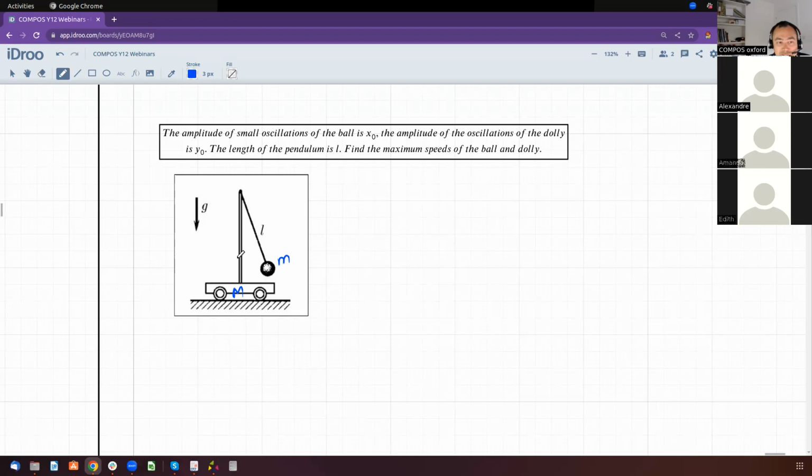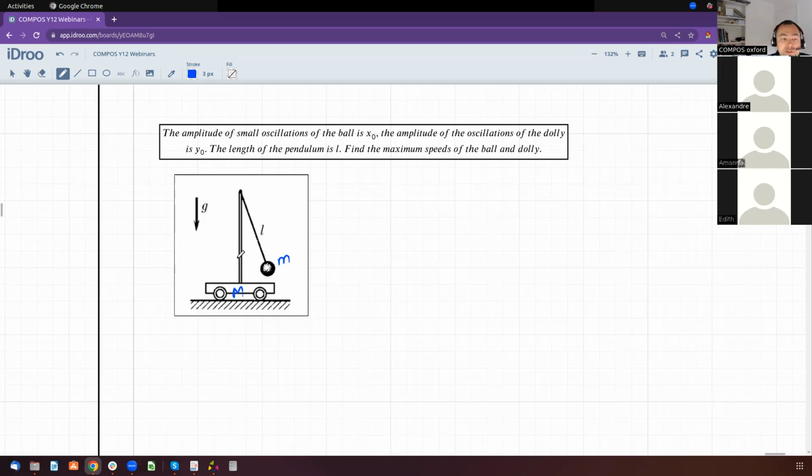Which part of conservation of momentum are we going to use? Is that internal forces cannot change the position of the center of mass.